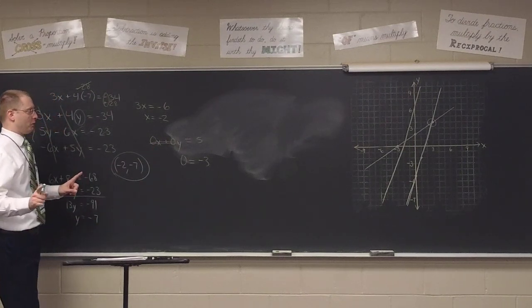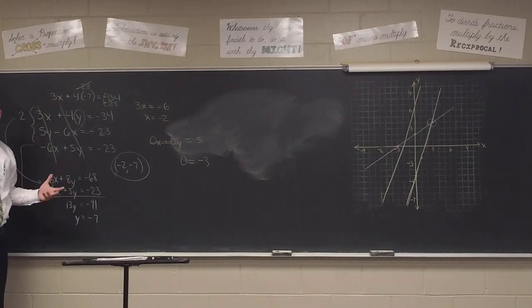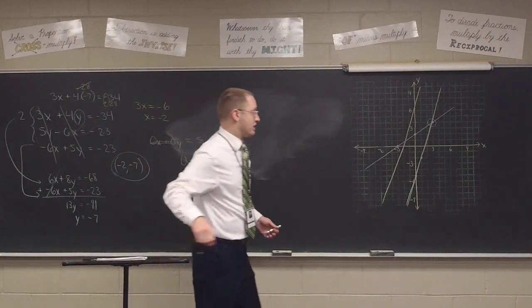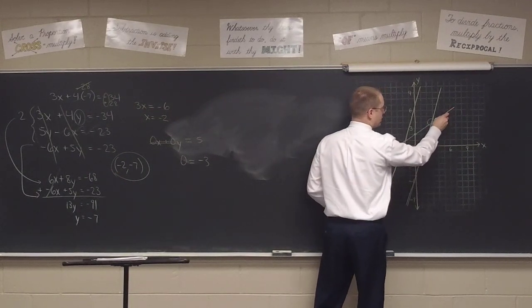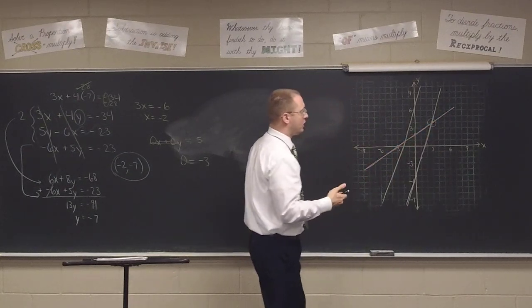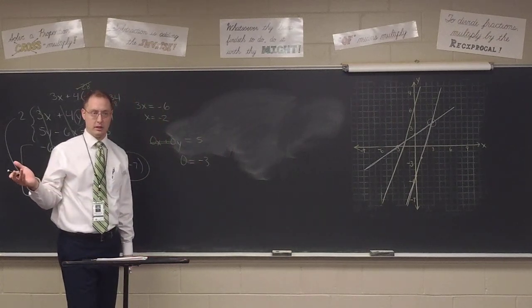It is possible, though, that really the equations, though they may look different, are the same thing. In which case, when you graph them, let's just take this second equation. If you were to graph another equation that really was just right on top of the first one, well, now the equations are said to be, class, dependent.